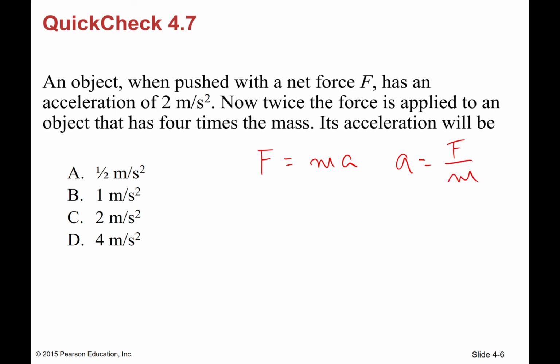So now I apply twice the force to an object that is 4 times as heavy, right? So I have twice the force and 4 times the mass, so that is 1 over 2 times F over m, which is 1 over 2 times the acceleration. And that is your answer.